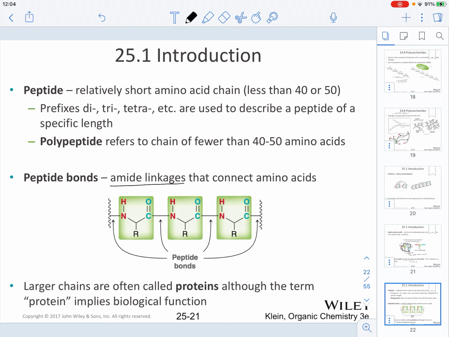Okay, so the larger the chain, as I just mentioned, so this has to be at least larger than 50 amino acids, then that molecule is considered a protein, and it implies that it has a biological function.